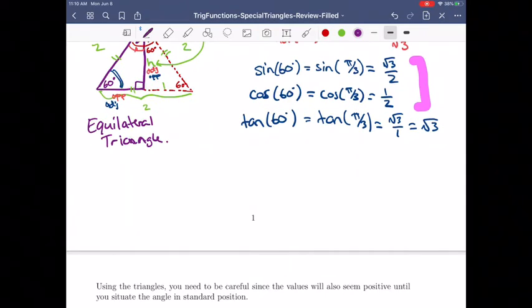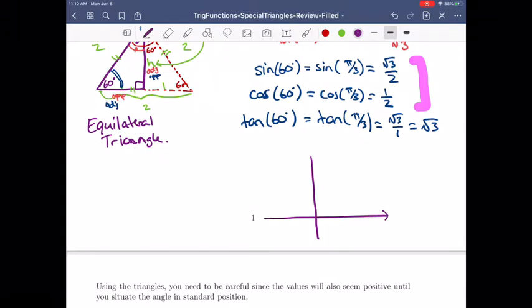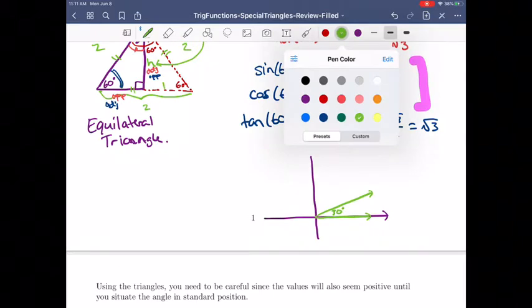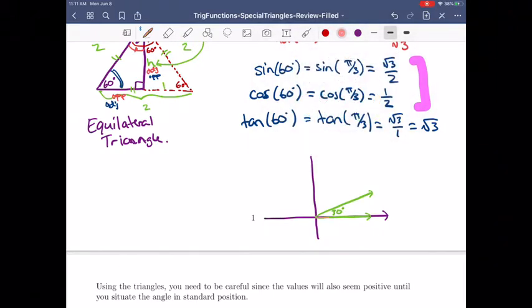Let's just draw a picture down here. If there's my terminal side, when I'm 30 degrees, it looks like that. But when I'm 60 degrees, it's a bit taller.